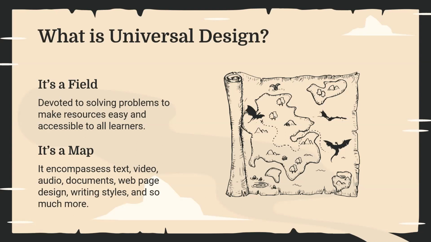The other thing is, a lot of people seem to think that UDL is based on the need for accessibility. That is a half-true statement, by which I mean, yes, we need to do this for accessibility. However, it doesn't just benefit the students who need that for their accommodation or to help with their learning.